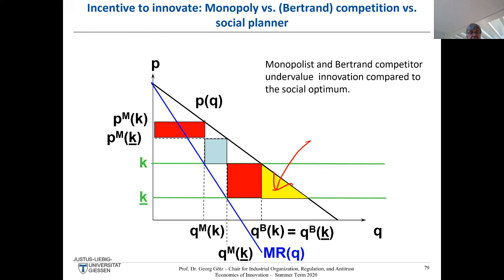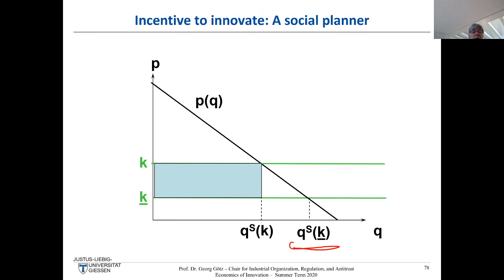We get what we previously already said, underinvestment in R&D, because the incentive to invest in something is lower than the social gain. And why is that? Because, of course, a firm cannot appropriate all consumer surplus. Okay? So what is the consequence of this welfare result? Suppose the costs of the new research project would be larger than this rectangle, but smaller than the rectangle plus the triangle.